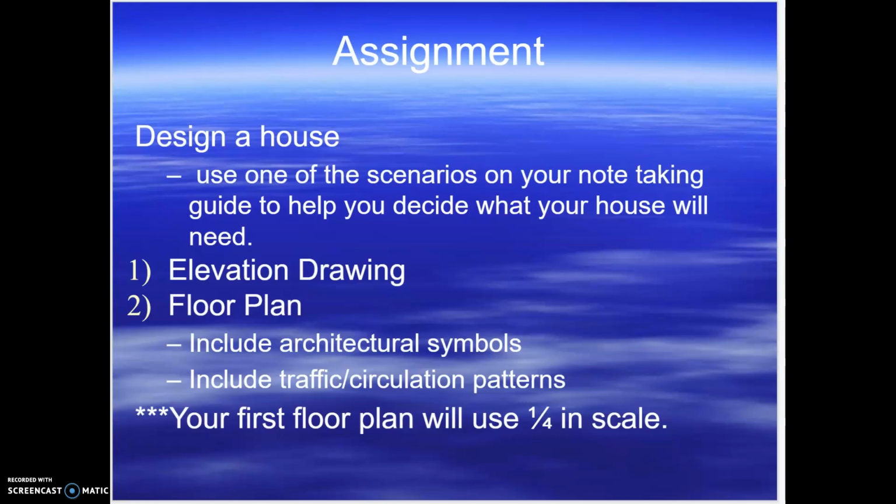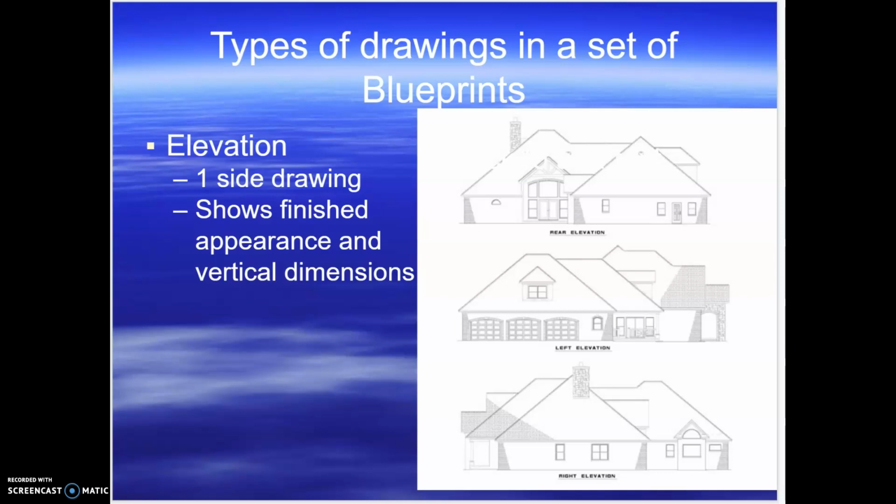Your task for this assignment, there are 2 parts, and these are the 2 parts that I will be grading. The first part is to create an elevation drawing of the home. So refer back to your notes, but an elevation drawing is a one-sided drawing of the exterior of the home, and it shows the finished appearances and vertical dimensions of the home or the building.